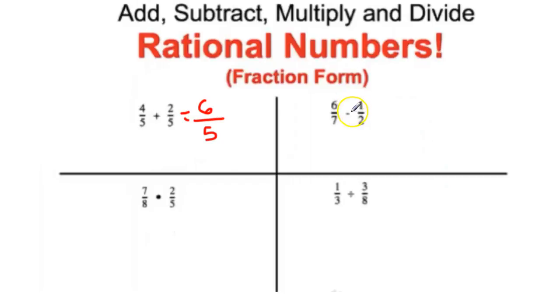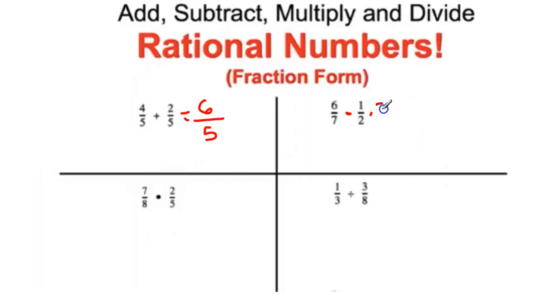Alright. This one is subtraction. It might not be that clear, but it's subtraction. So I need to make the denominators be the same. So this 7 and 2, I know if I multiply them together, it equals 14.